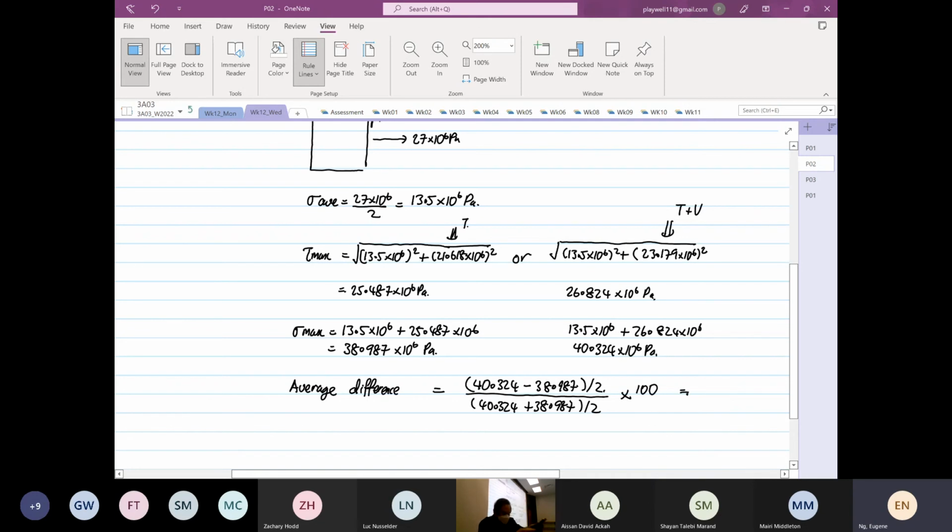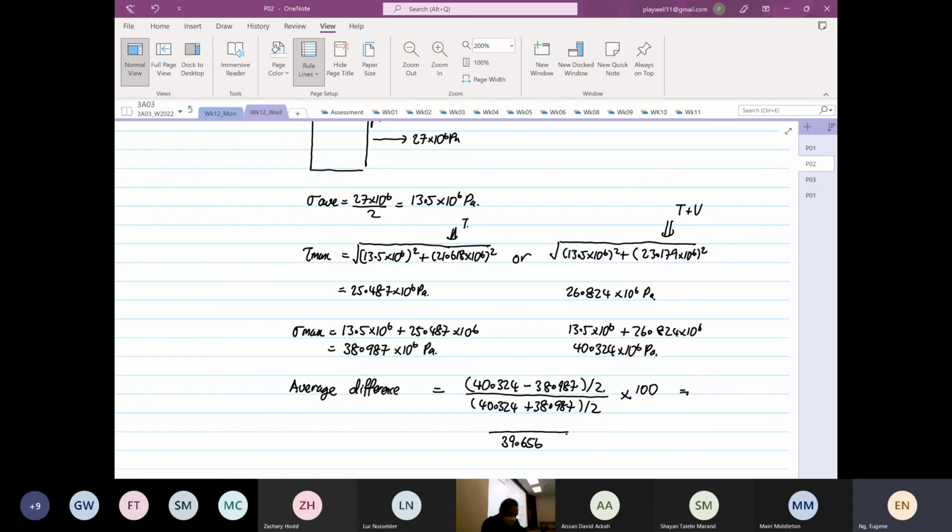So this will be equal to 40.324 minus 38.987 divided by 2, divided by the denominator, which is 39.656, 40.324 plus 38.987 divided by 2.